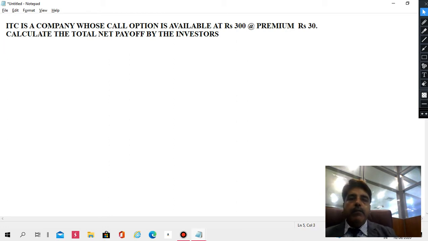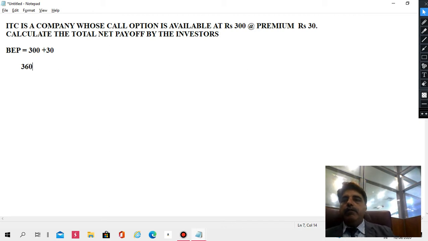Firstly, we have to calculate the break-even point. Investors will only have a net profit if the price crosses beyond the break-even point. The break-even point will be the call option price of 300 plus the premium, which comes to 360 rupees.